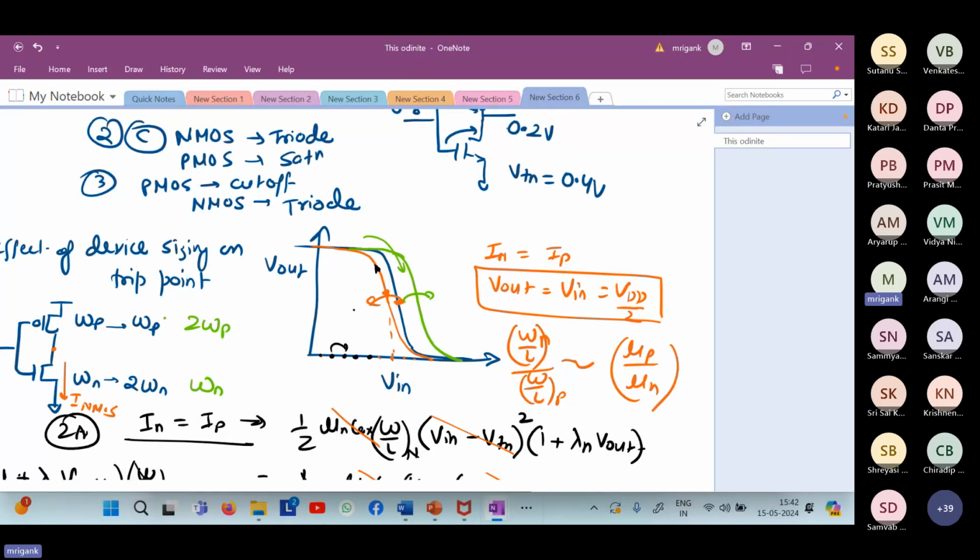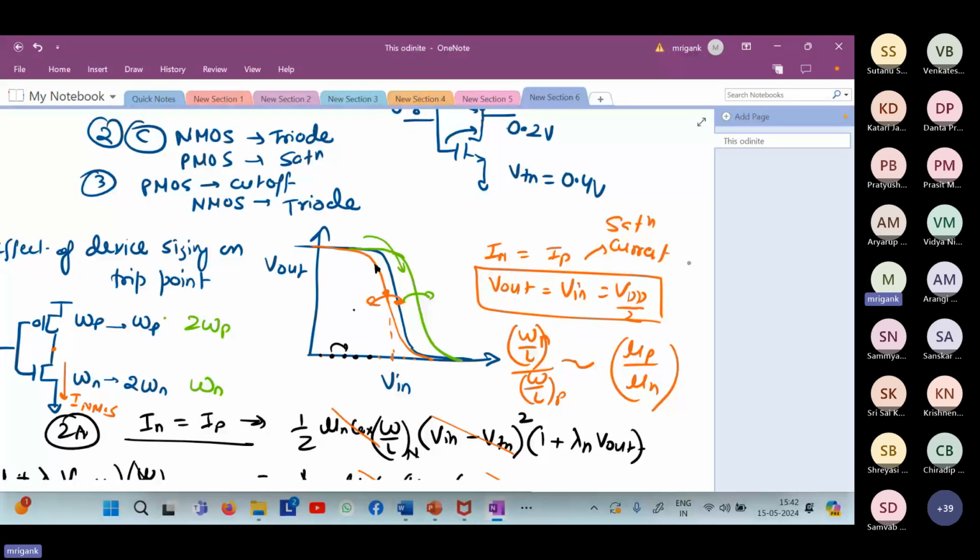Because in the saturation region, you just have both the transistors operating in saturation. You write the saturation region current for IN and IP, equate them with V out equal to V in equal to VDD by 2, and approximately this is the relation you get. So this will be saturation region current for both N and P. Right?